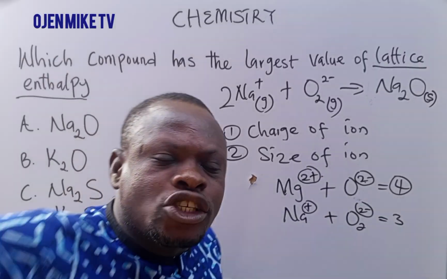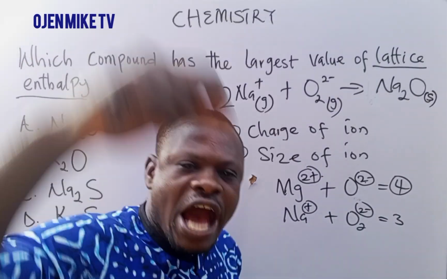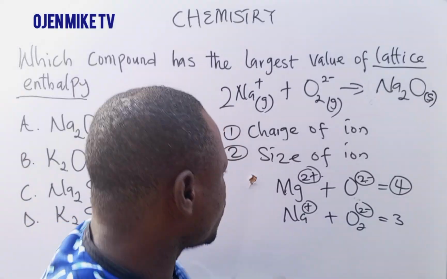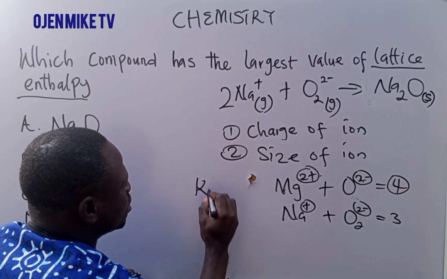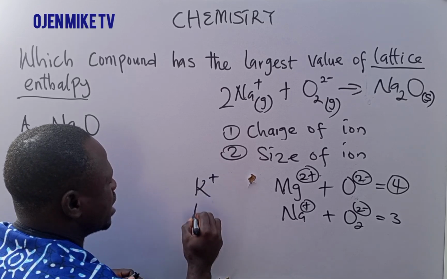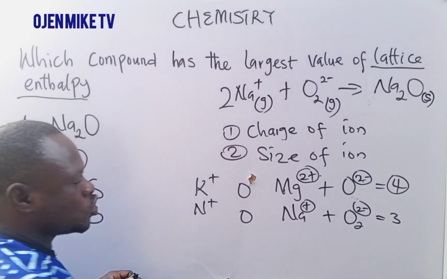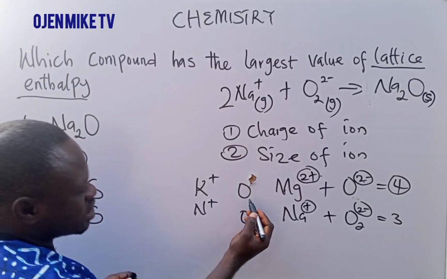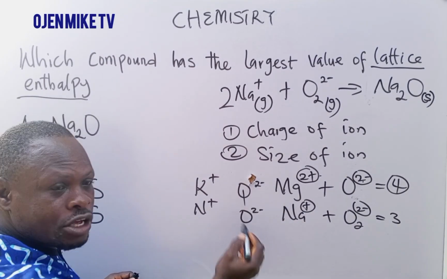I told you that the smaller the size of the ion, the higher the lattice enthalpy. For instance, you have K plus and Na plus, each combined with the same oxide ion.